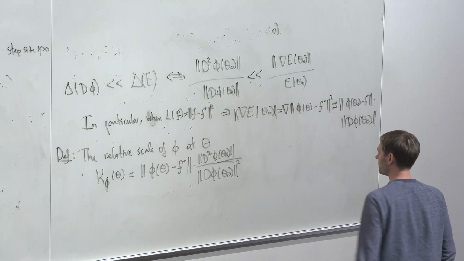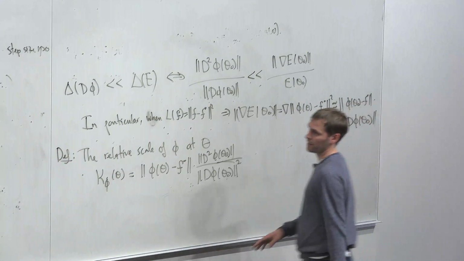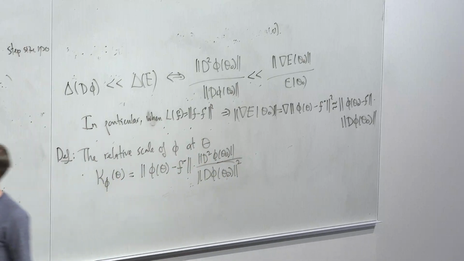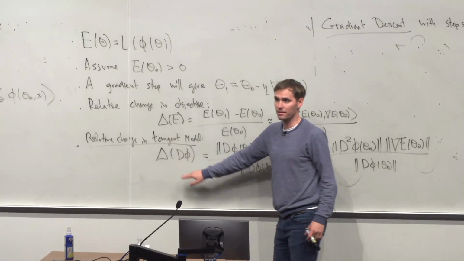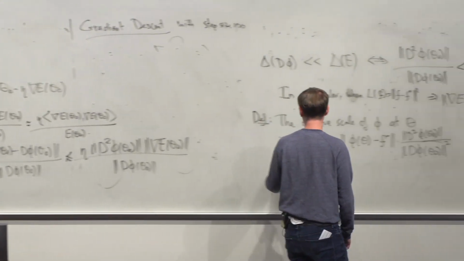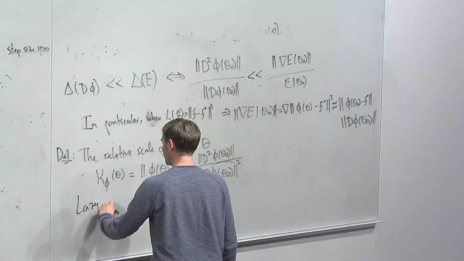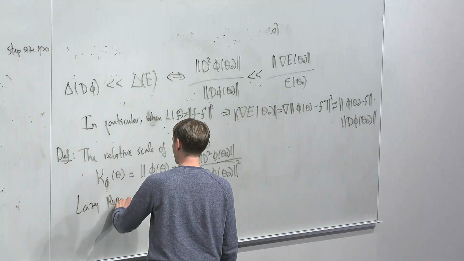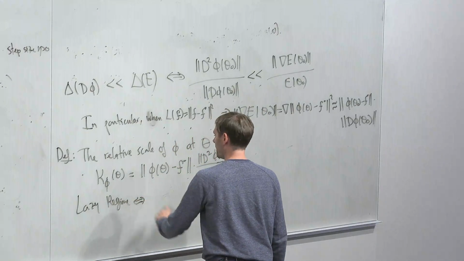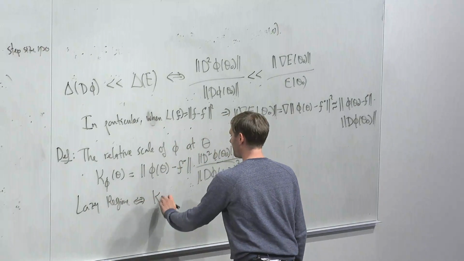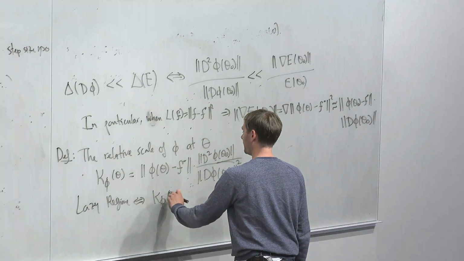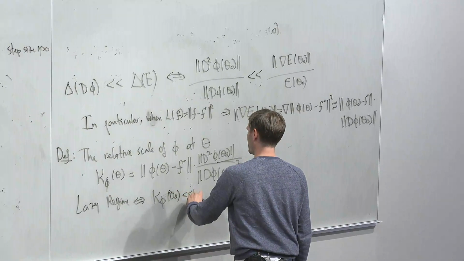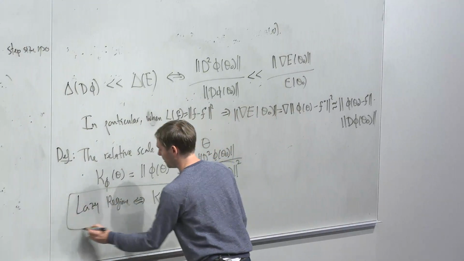And so what we are saying is that this property, that this will dominate this, is equivalent to being lazy. Lazy is implied, or happens, when this relative scale at theta 0 is much, much smaller than 1.